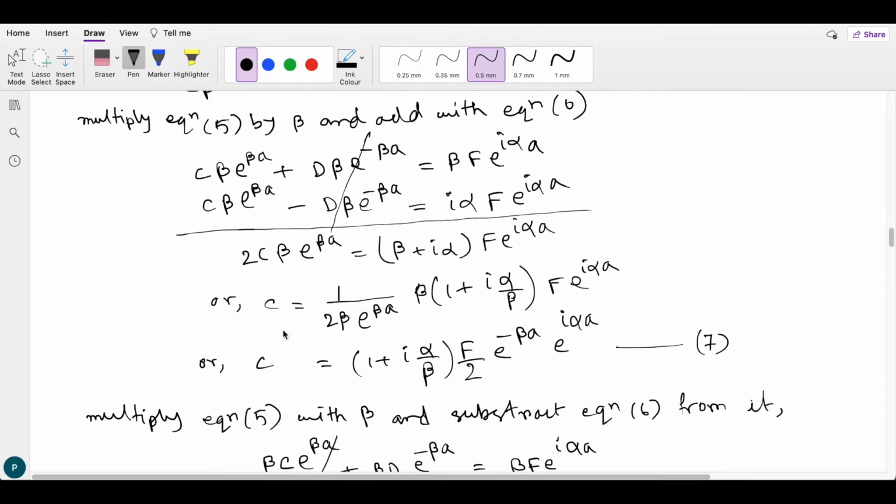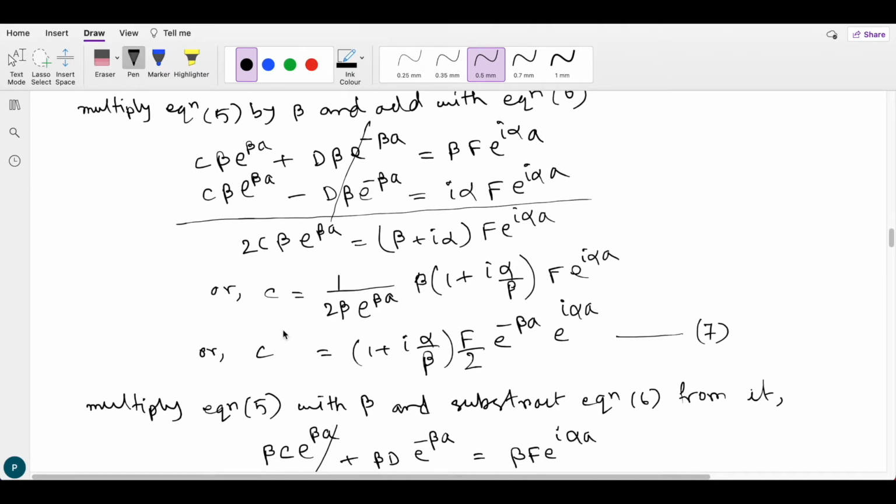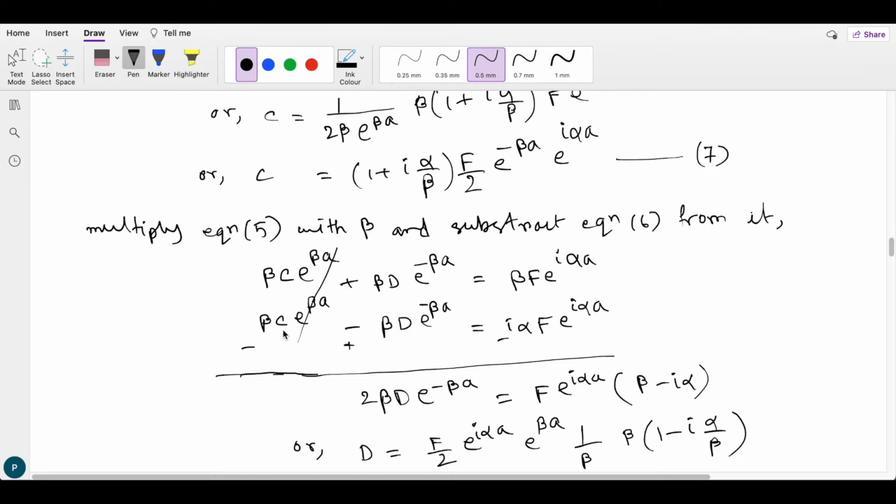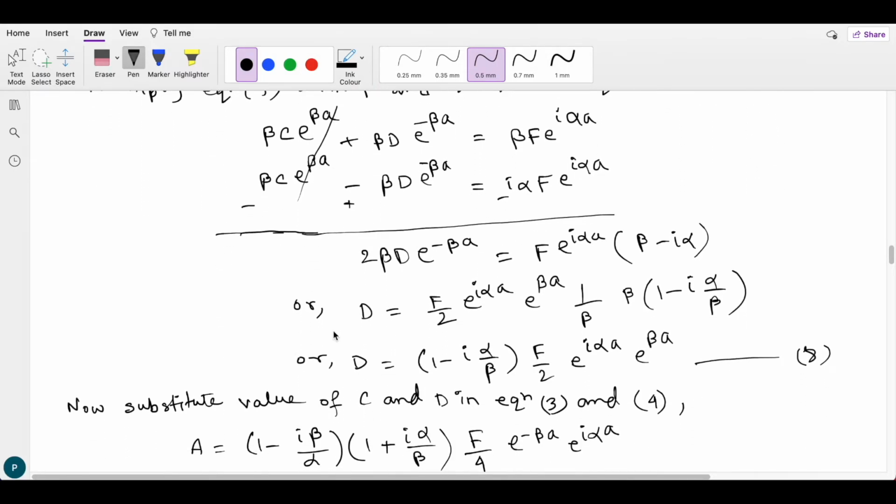Doing that, we get C equals (1 plus iα/β) F/2 e to the power minus βa e to the power iαa. Now multiply equation 5 with beta and subtract equation 6 from it. After doing that, we get D equals (1 minus iα/β) F/2 e to the power iαa e to the power βa.